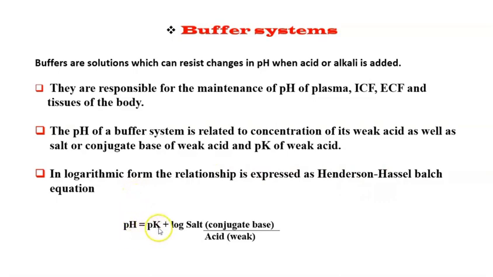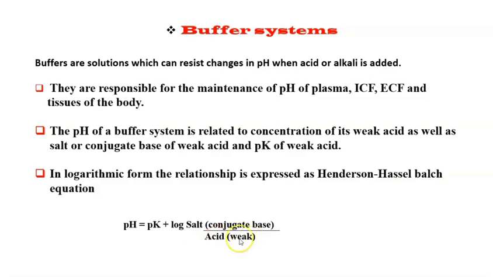is equal to pK. pK is also the same as pKa; either you see pKa or pK, they are the same. pH is equal to pK plus log of salt or conjugate base over acid or weak acid.